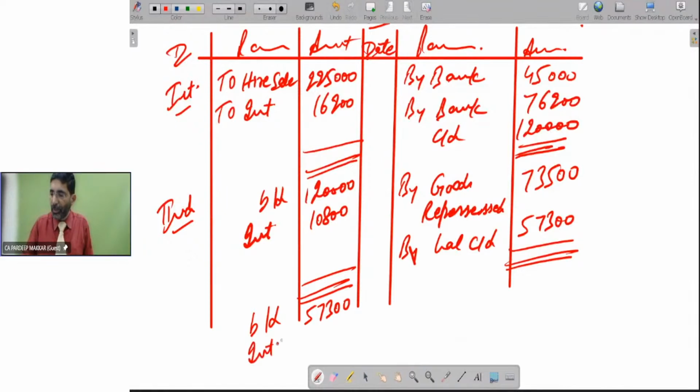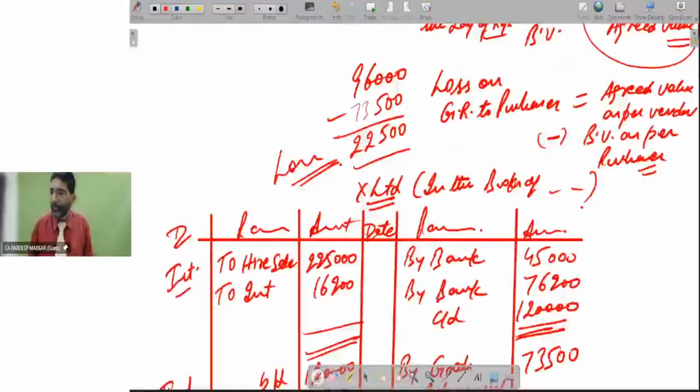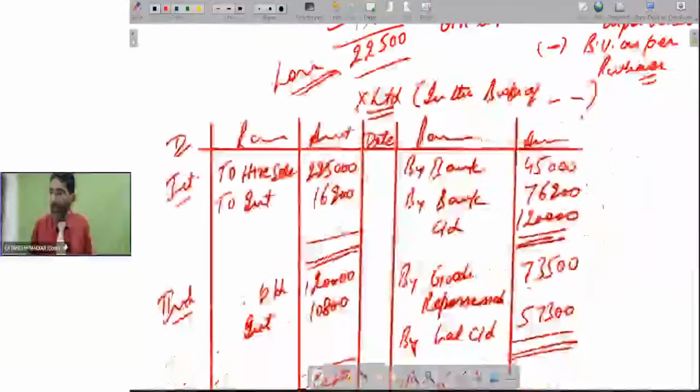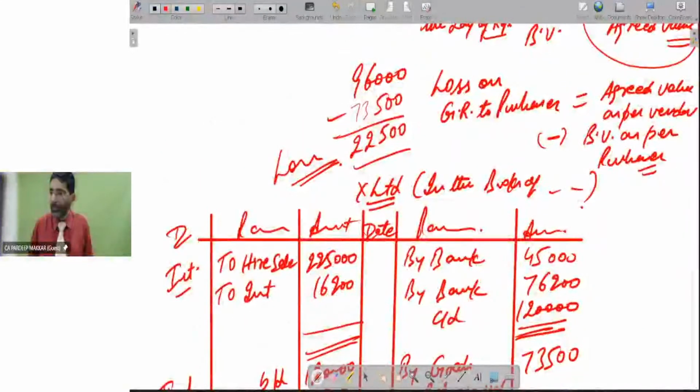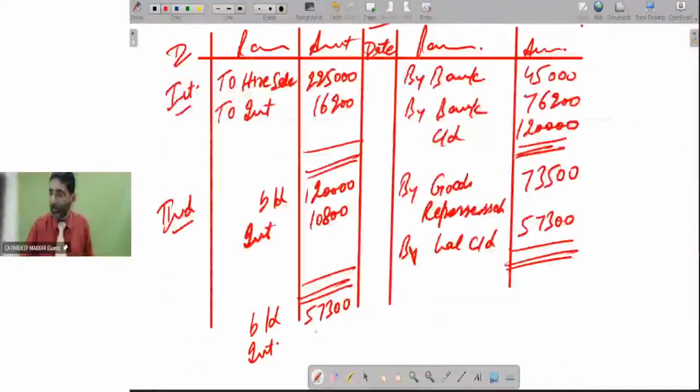So interest for 3 months is to be charged, 1289. And then we put the balance payment, 58,508.